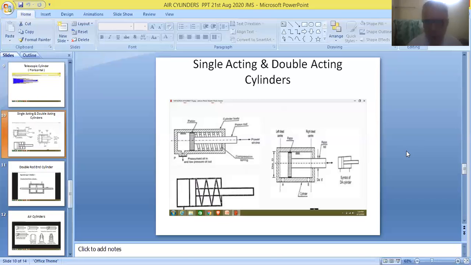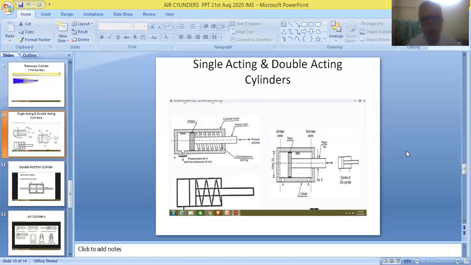So friends, on one hand, these cylinders can be used for moving tools in forward and backward directions, and with the help of a connecting rod mechanism, the same cylinders can also be used for rotating the spindles of machines.